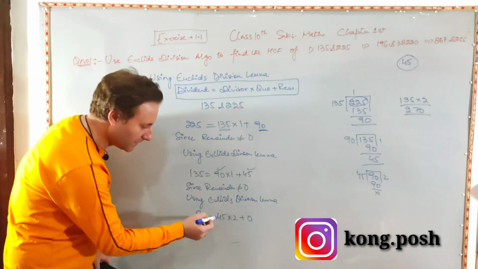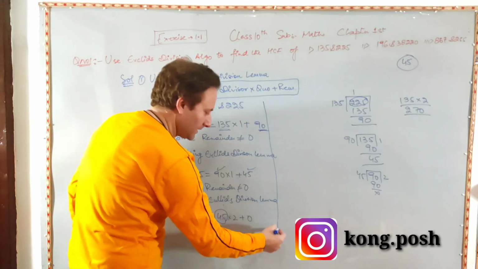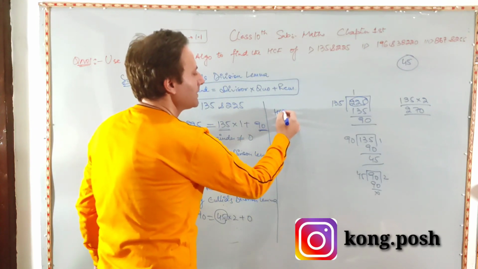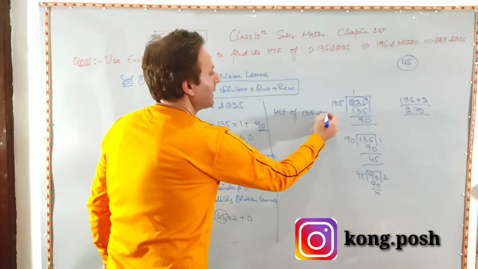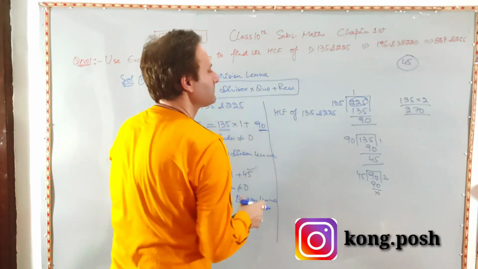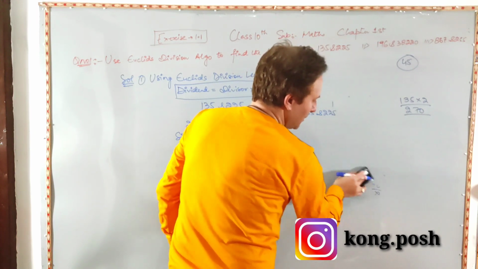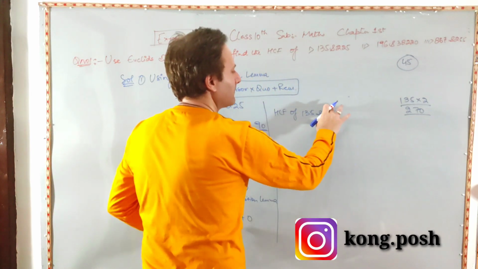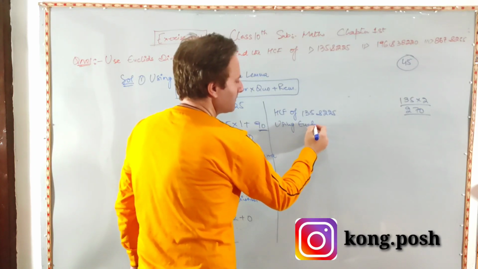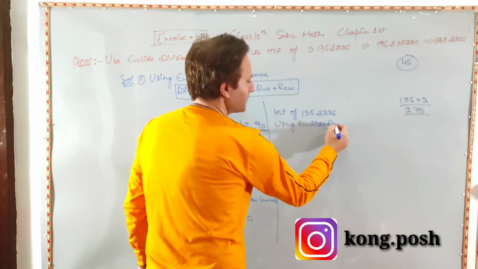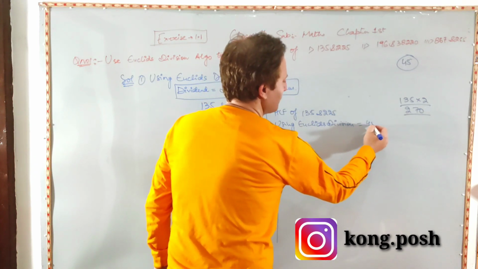So if you see, what is this? This is 45. So I can say HCF of 135 and 225 using Euclid's division is equal to 45.